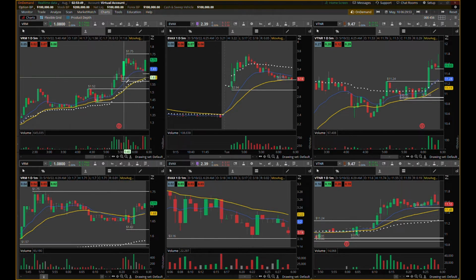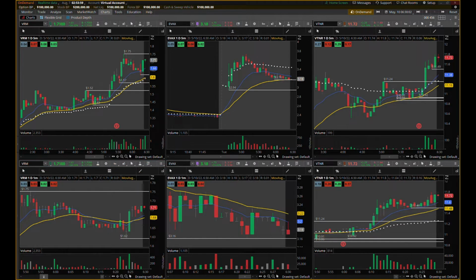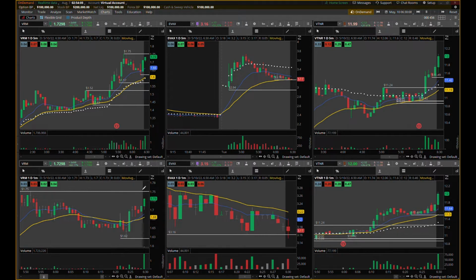I kind of like VRM here for a move higher almost right out of the gate. Possibly. Let's see. I'm looking at the daily. I like this. $1.95.